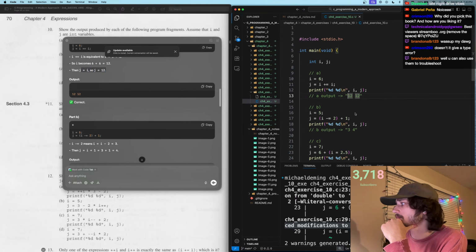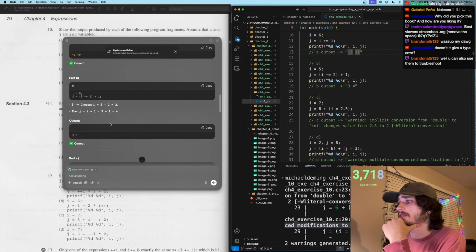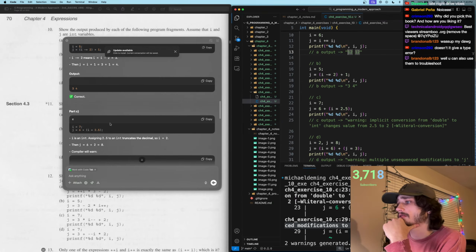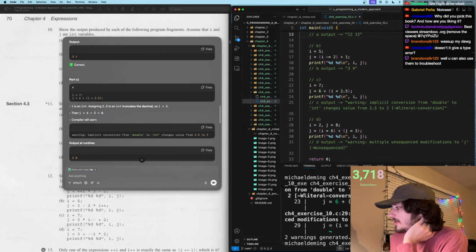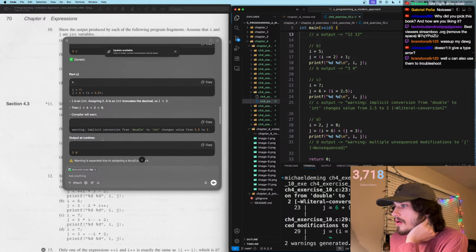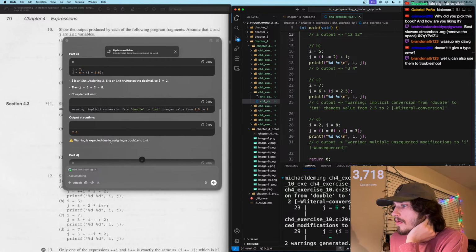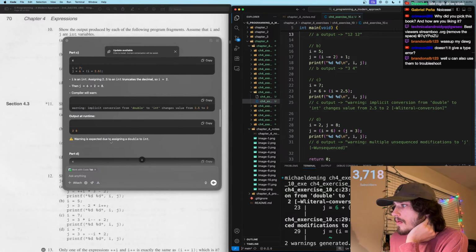Part B would print out 34, perfect. And I is an int. Assigning 2.5 to an int truncates the decimal, so I is 2. Oh, so it still will output?